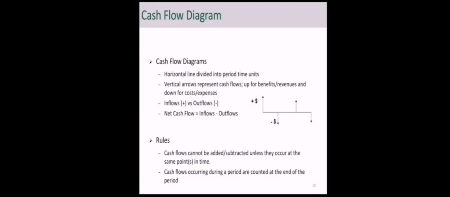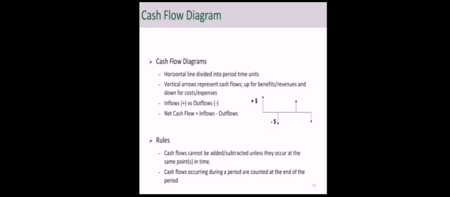So usually, the arrows that are pointing upward are our benefits or our revenues. And the ones pointing downward are our costs and expenses, like maintenance and other expenses of, for example, a company.